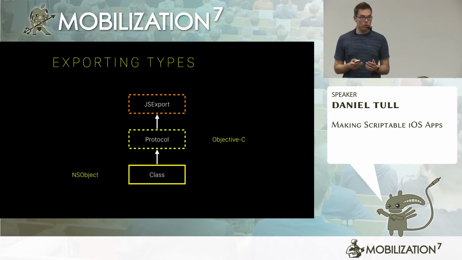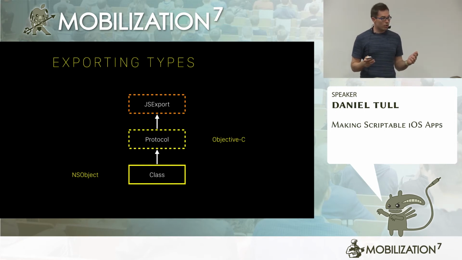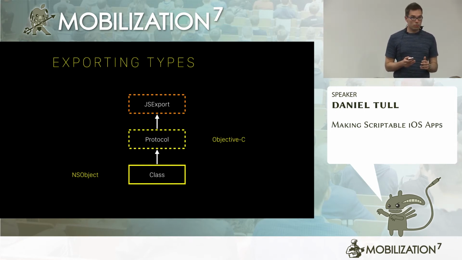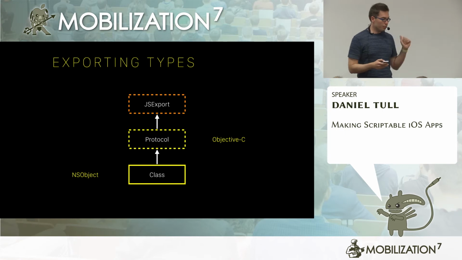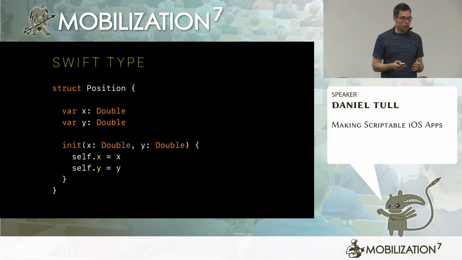And as I've said before, this protocol is an Objective-C protocol, and the class is an NSObject. So fundamentally, if we're looking at very Swift types, this doesn't seem to gel. Okay, so imagine we have the Swift type, which is a struct, so it's a value type, of Position.